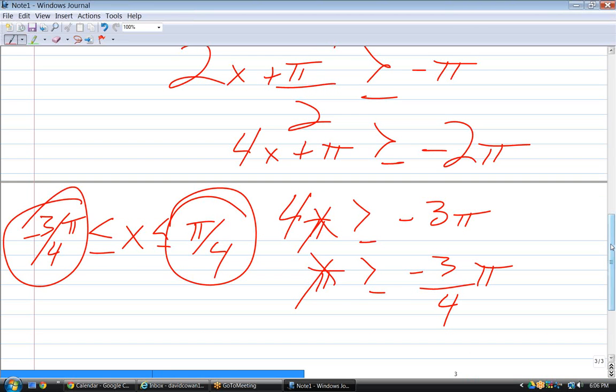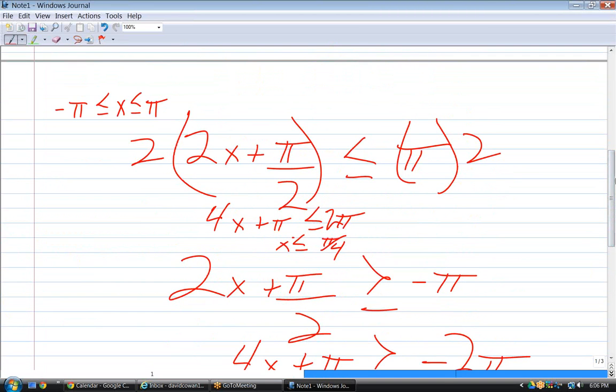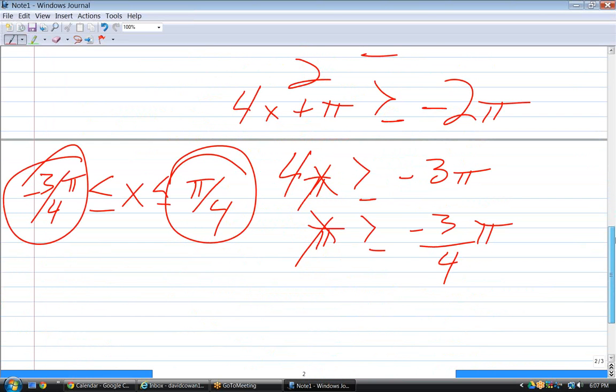Now, hold on a minute. There's something about this whole thing I don't understand. In the book it has a different answer. Well, I'm not surprised, because clearly x is between minus pi and plus pi, and I come up with a different set of x values.